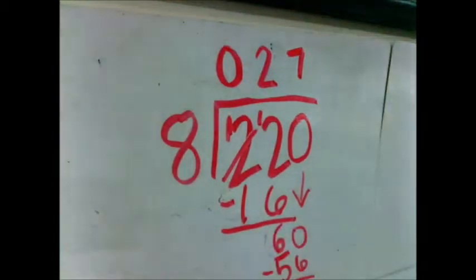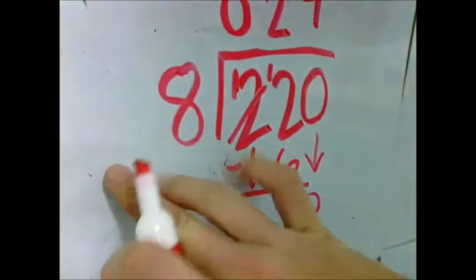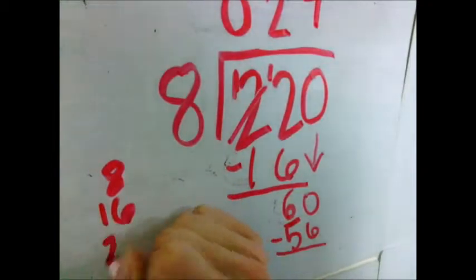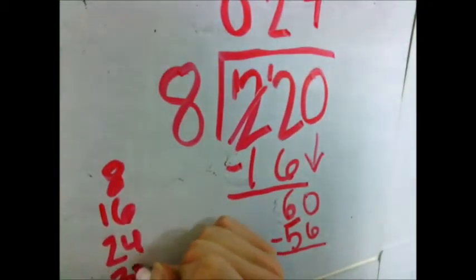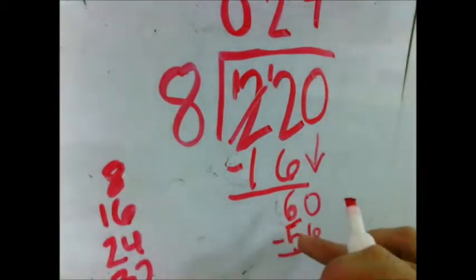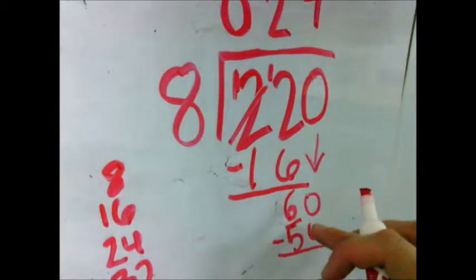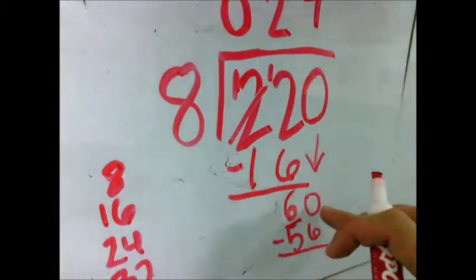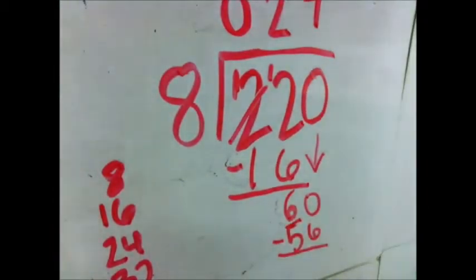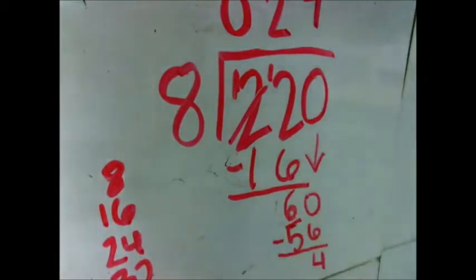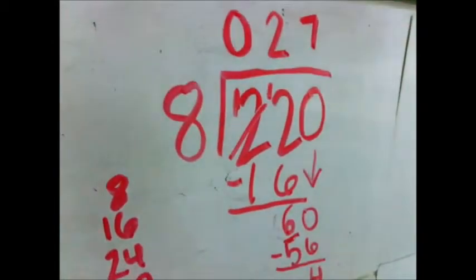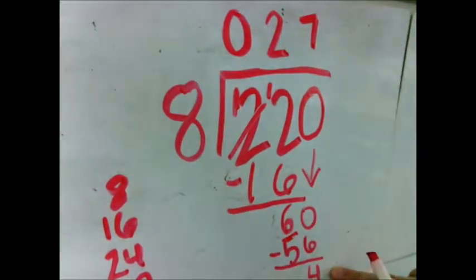Now if you did not know 8 times 7 was 56, then you would have to do your 8 times tables over here, and you might have to start writing 8, 16, 24, 32, and go until you get to a number that is larger than 60. If you got to 8 times 8, you would get 64, and you know that is too big. So you have to do 8 times 7, you get 56, and now you subtract and you're left over with 4. So right now, a lot of you learn in 4th grade to do 27, remainder 4.